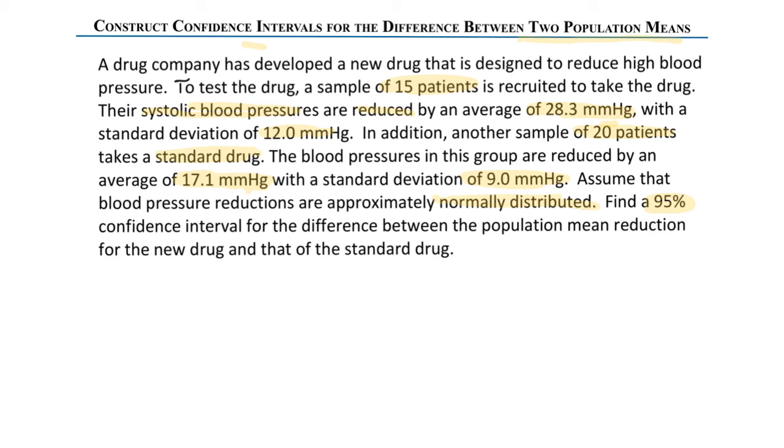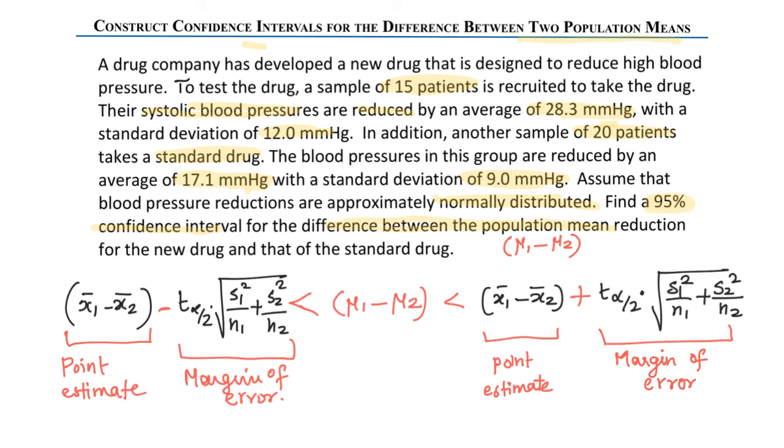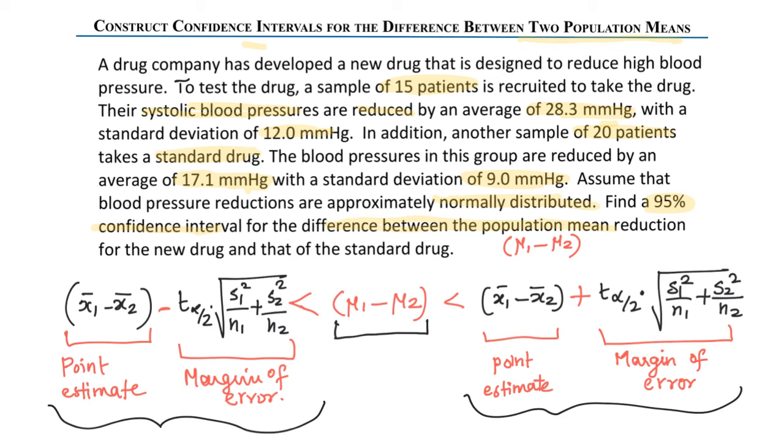Find a 95% confidence interval for the difference between the population mean reduction for the new drug and that of the standard drug. So the difference between population means will be between these two values. Point estimate plus or minus the margin of error.